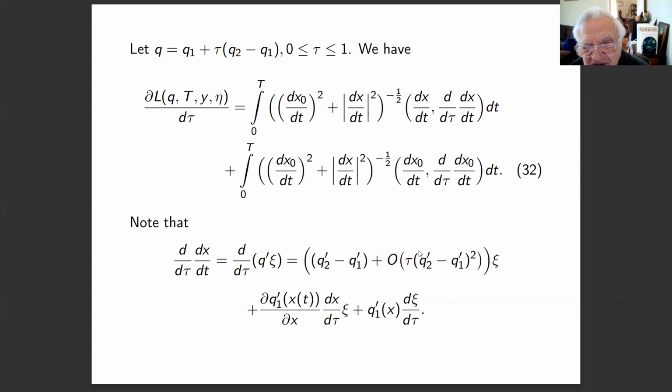So there are two terms, one corresponding to x, whose component is x1 through xn, and the second to x0, where you have the x0 component.